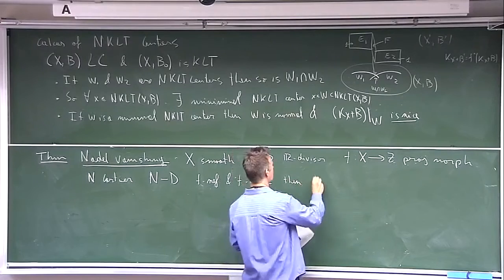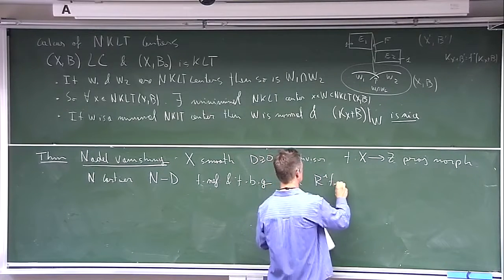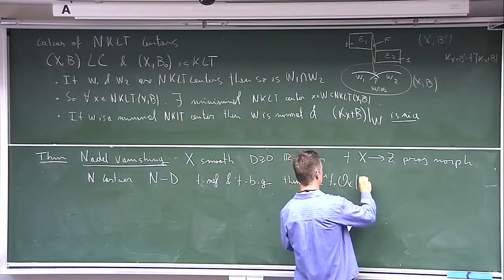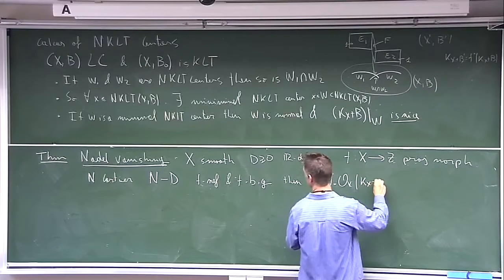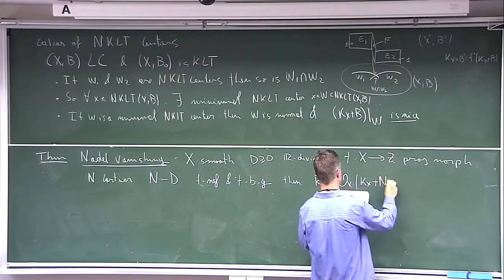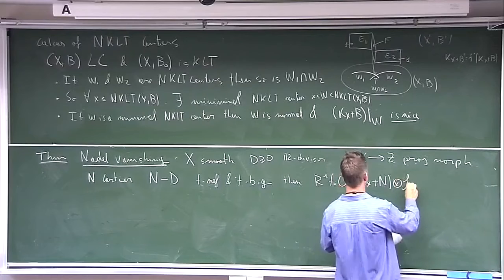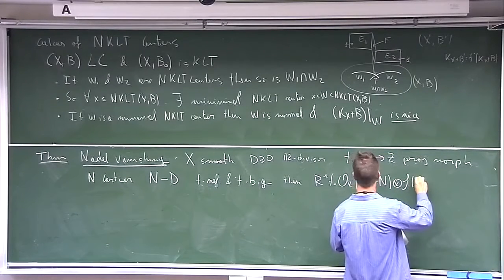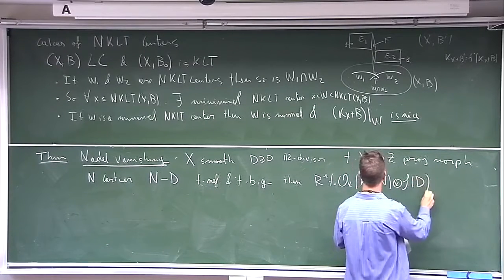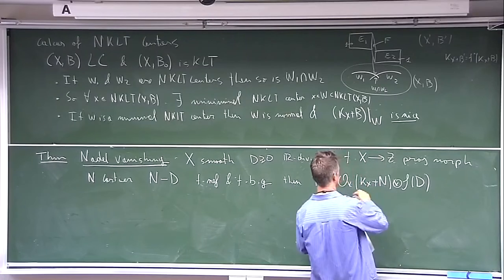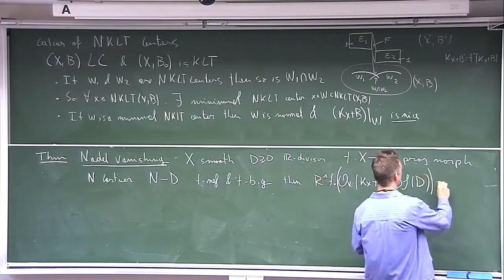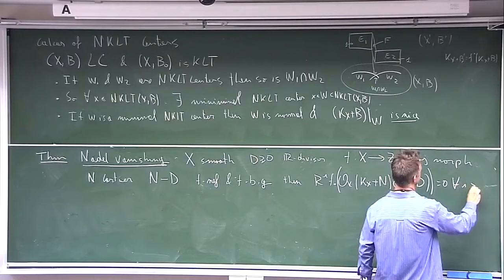Then higher direct images of O_X(K_X plus N) tensor the multiplier ideal of D, I called it D, hopefully D, are 0 for every i greater than 0.